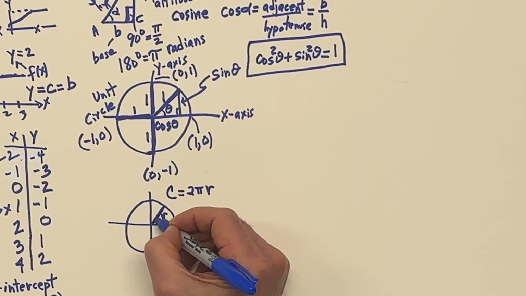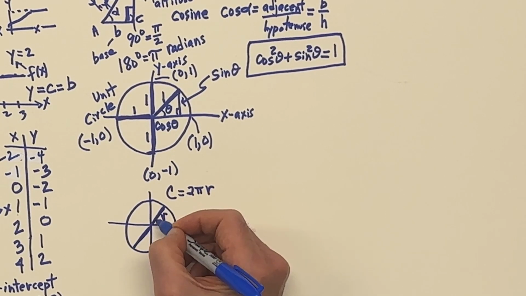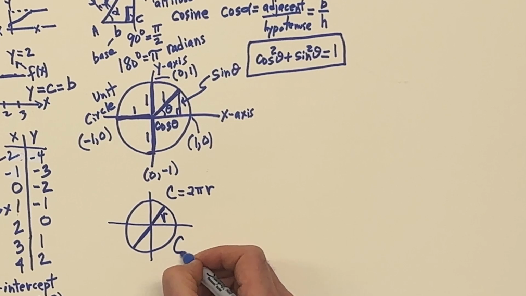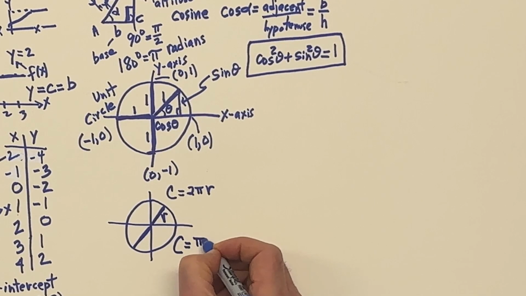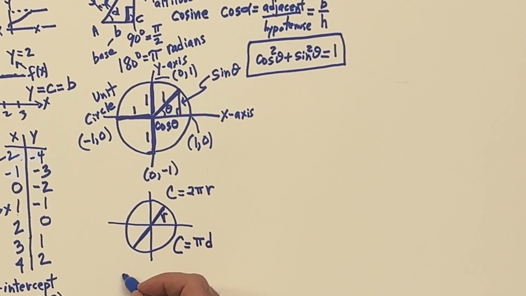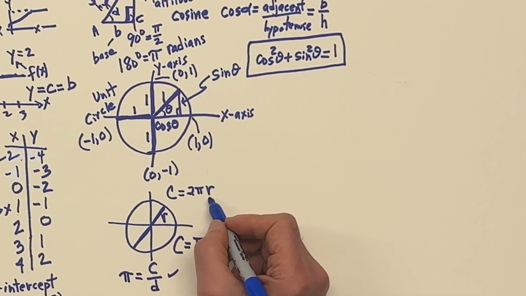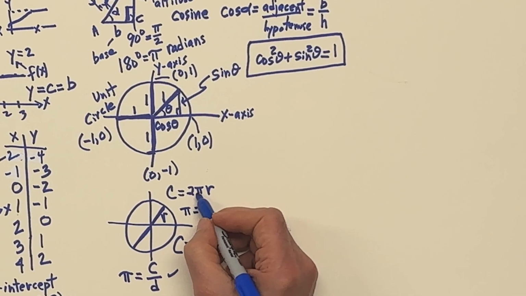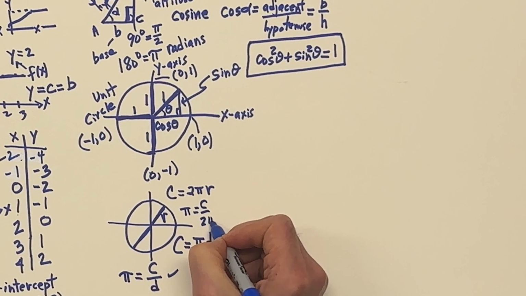Now, since r, if you double it, you get the diameter, some folks like to write the circumference as pi times the diameter and say, well, the definition of pi is to take the circumference and divide by a diameter. And that's correct. That's very, very good. Or you could just say that d is 2r and have the equivalent relationship with simply saying pi is c over 2r. Either way works.